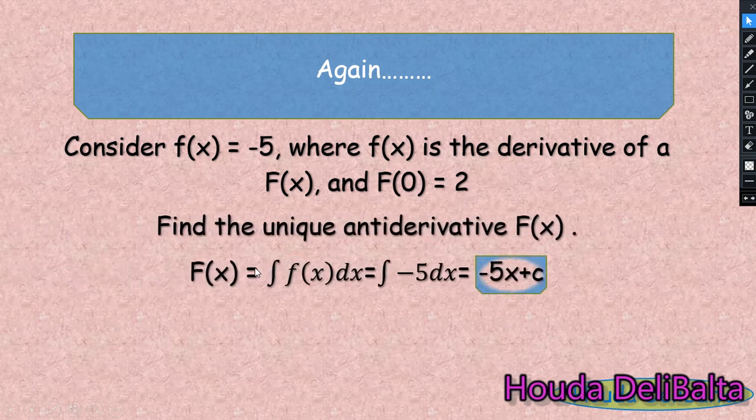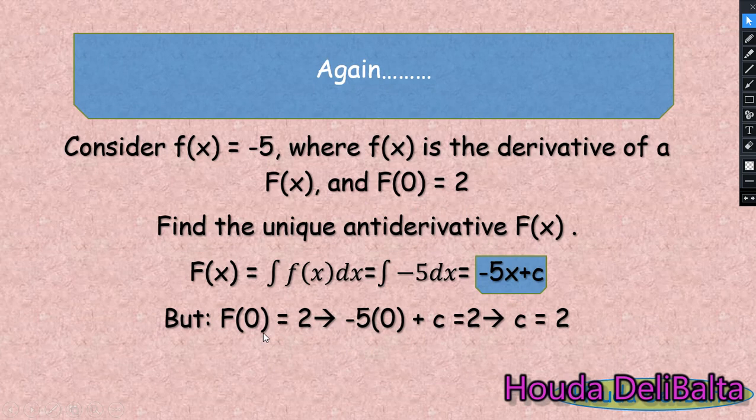Again, I write capital F of x equals the integral of minus 5 dx, and the answer is minus 5x plus c, and I have to benefit from this condition to get c. So f of 0 equals 2 means I have to replace x by 0. So minus 5 times 0 plus c equals 2, thus c equals 2, and thus the only antiderivative for this function under this condition is minus 5x plus 2.